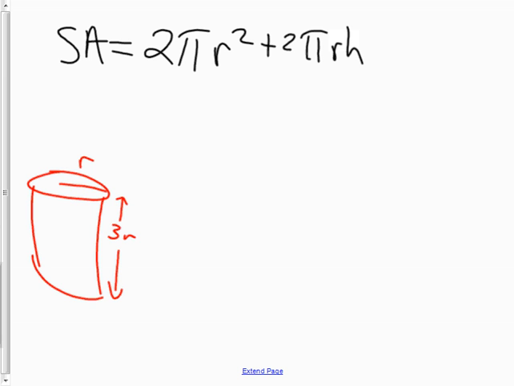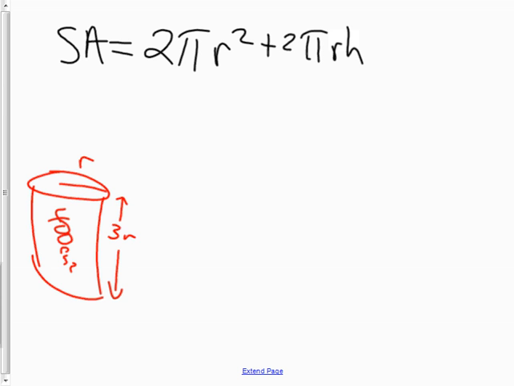Raise your hand if you had that. Okay, good. So next thing is to put the info that we now have from our labeled picture, which we think has a surface area of 400, into our equation.